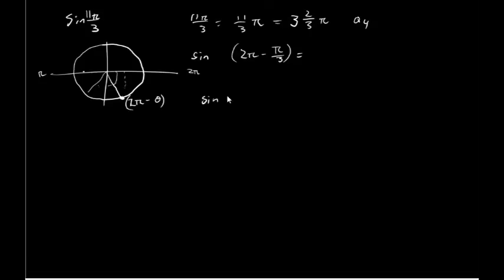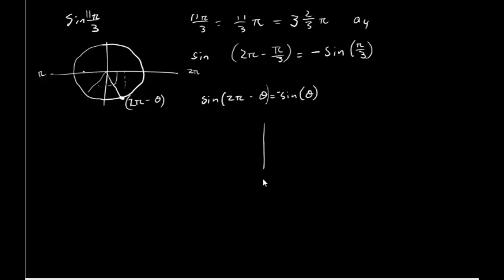So sine of 2 pi take theta is going to be the same as sine of theta, except we're in the fourth quadrant and sine is negative in the fourth quadrant. So sine of 2 pi take pi on 3 is the same as minus sine of pi on 3.